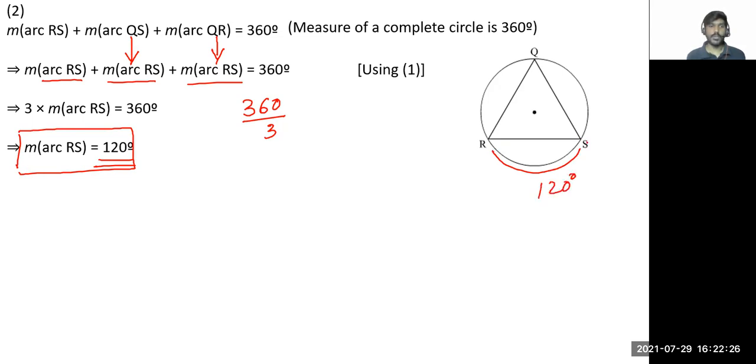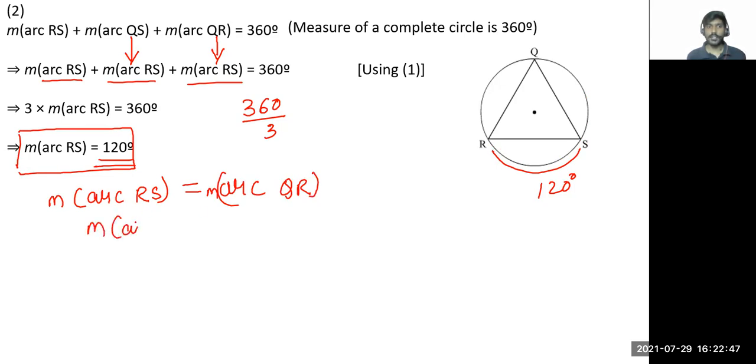From the previous part, you know that arc RS is equal to arc QR. So since arc RS is 120, arc QR is also 120 degrees. Now you have to find the measure of arc QRS.